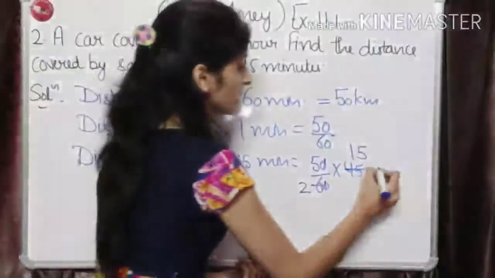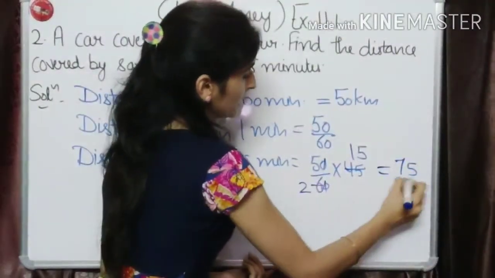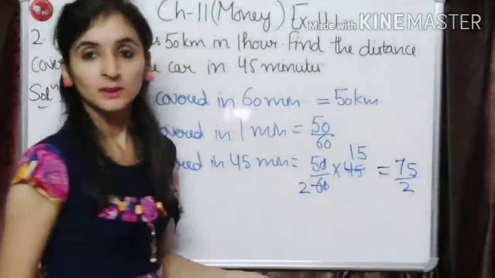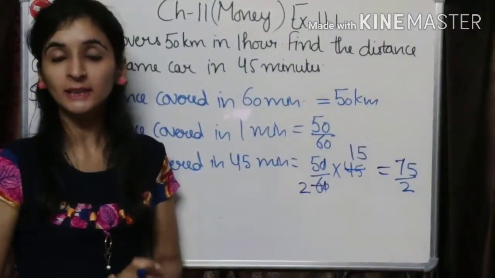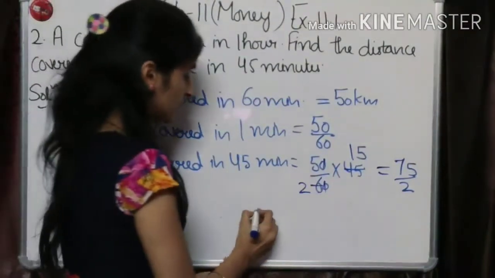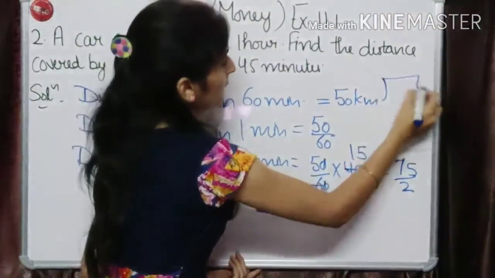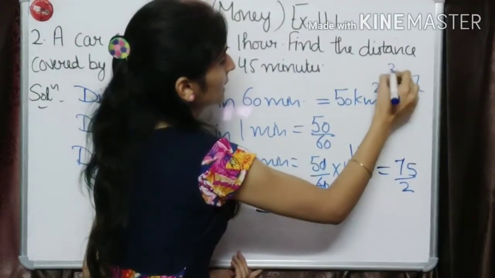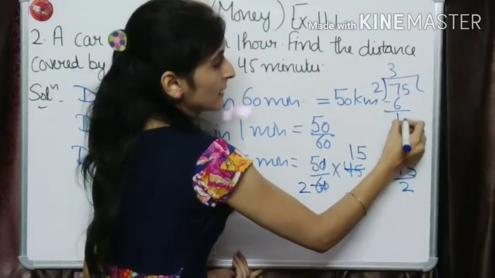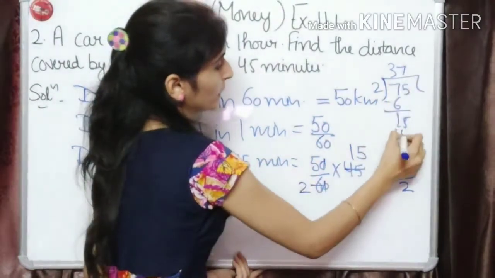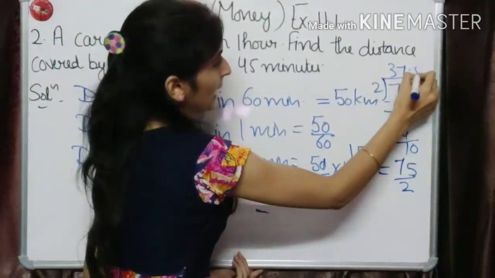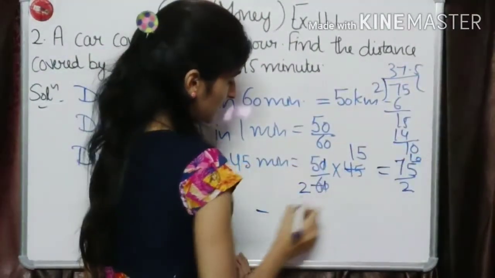15 5s are 75. 75 by 2. Now if we divide this 75 by 2, what will we get? You can divide it roughly. 2 3s are 6. 2 7s are 14. And 2 5s are 10.